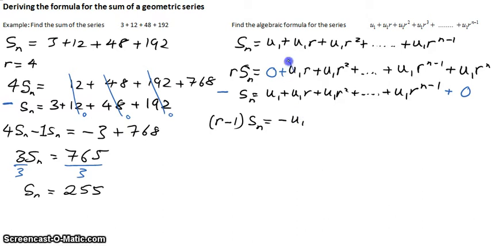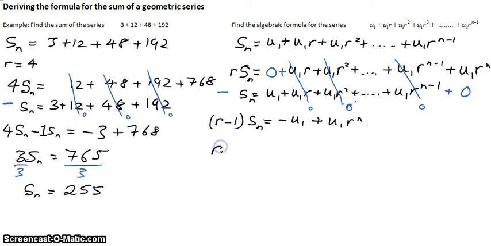Then u1r take away u1r, they're identical, so that must be 0. u1r squared take away u1r squared, they're identical, so that must be 0. Keep going, keep going, until you get to this point here. They're identical, so you end up with 0. The final term is u1r^n take away 0, which is u1 r to the power of n.